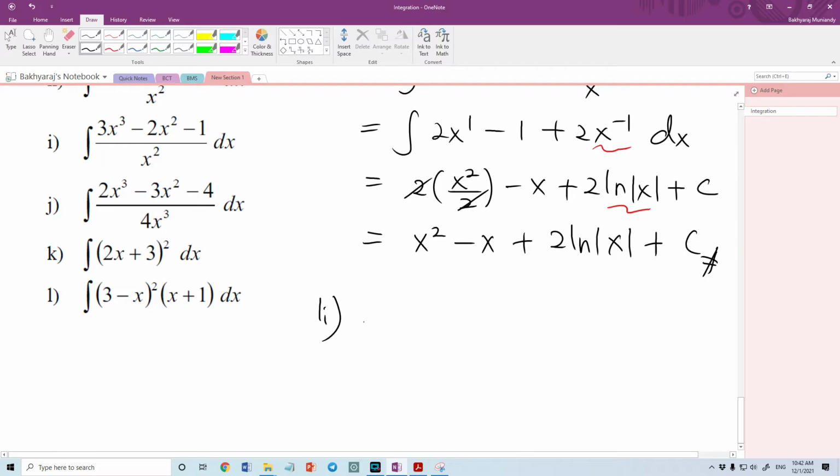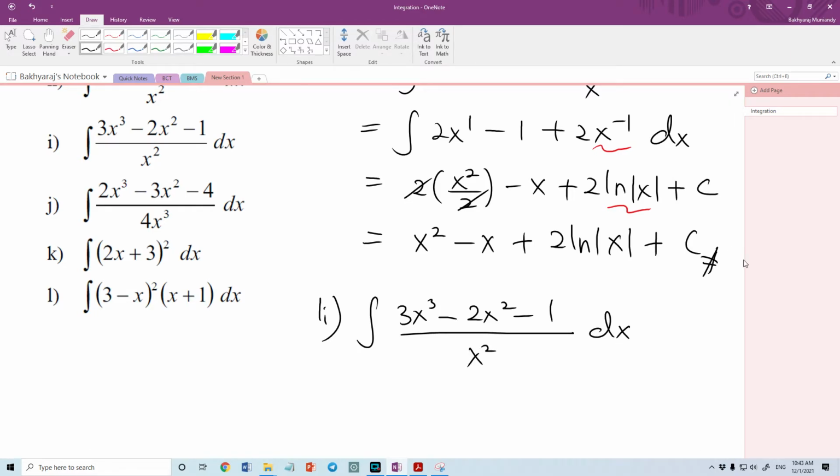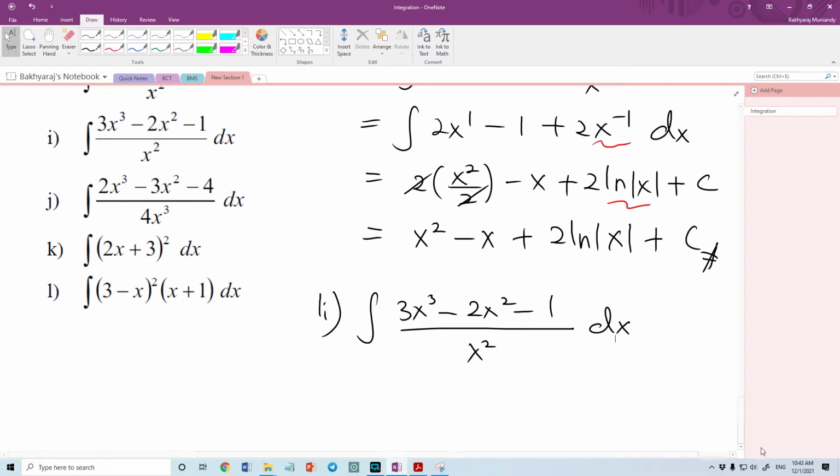Okay, 1I, I need to integrate 3x to the power of 3 minus 2x squared minus 1 over x to the power of 2 dx. Again the problem continues with splitting the fraction.